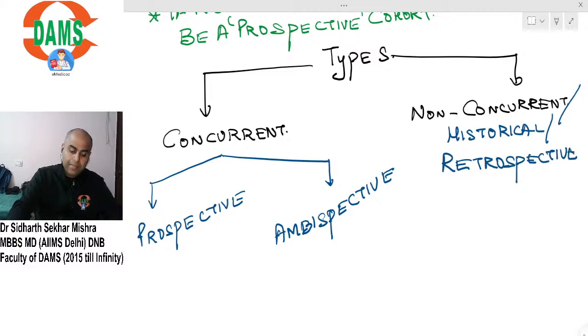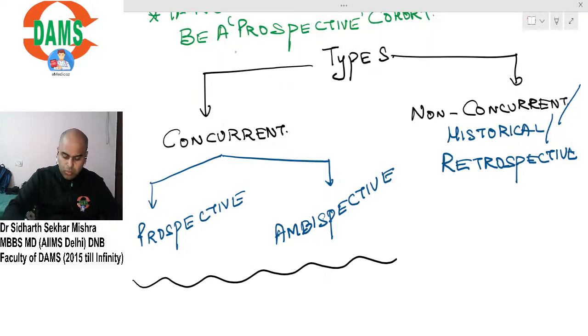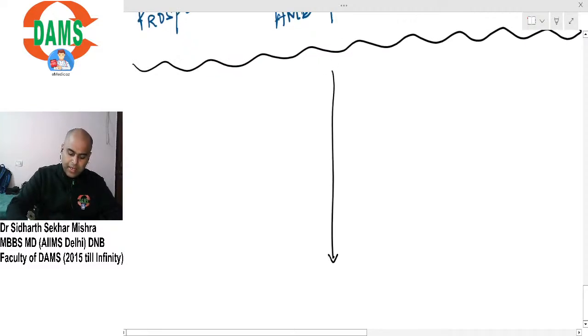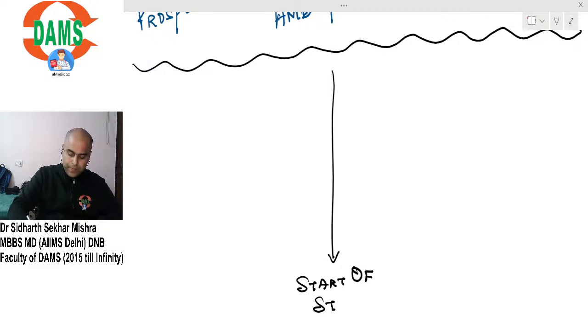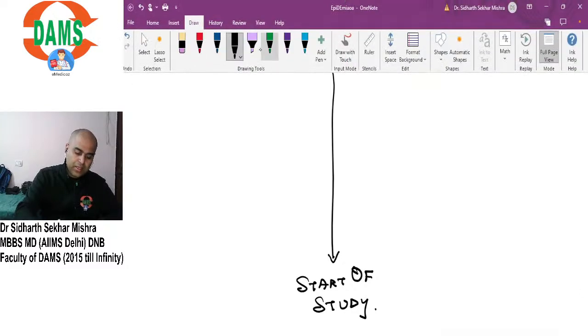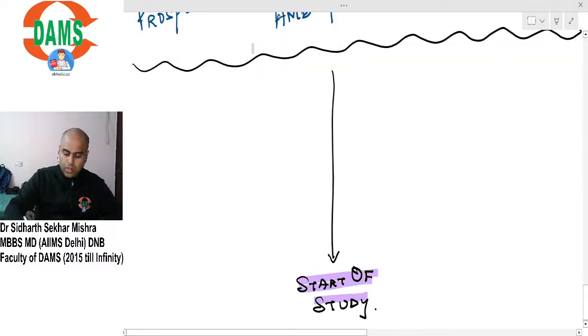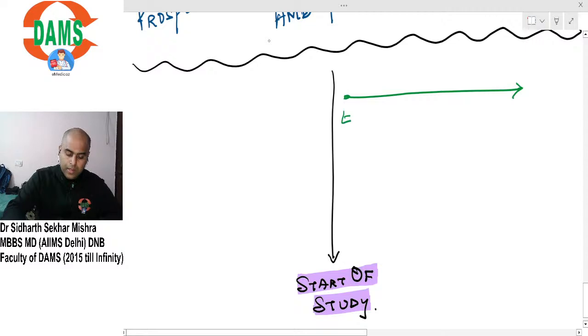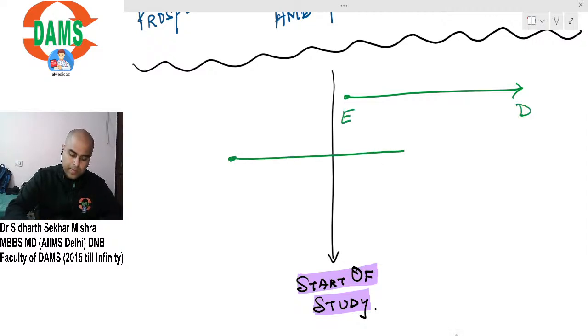I'm going to draw a diagram which is not given in any MCQ book, and this will make your life very easy to identify types of cohort. So we go from start of study. Everything is related to my start of study. Exposure to disease, exposure to disease, exposure to disease.